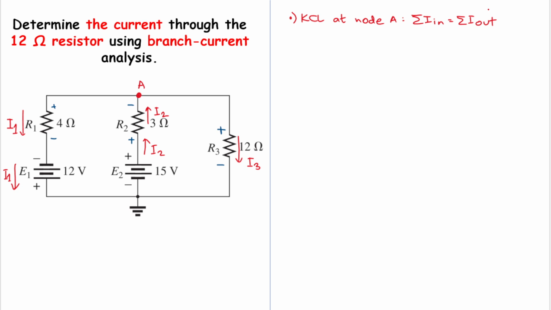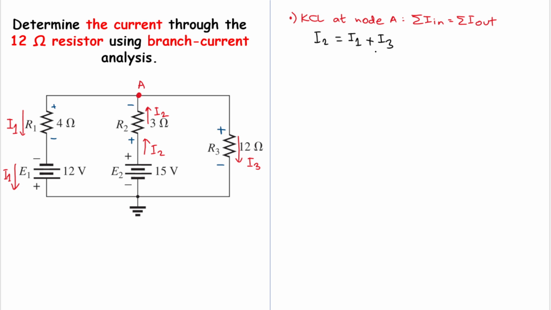Good. And the only current that goes into point A here is I2, right? So we'll have I2 here. And that will equal I1 going out from A, so I will have I1, and then plus I3, so I have plus I3.